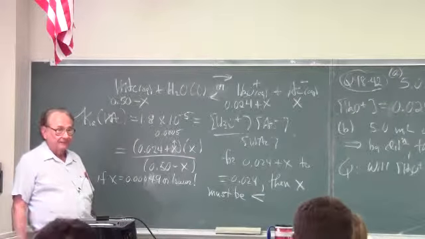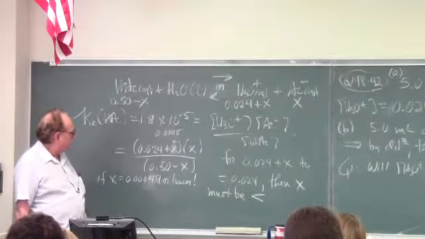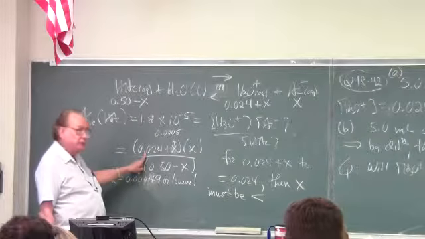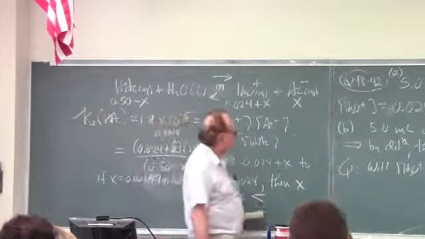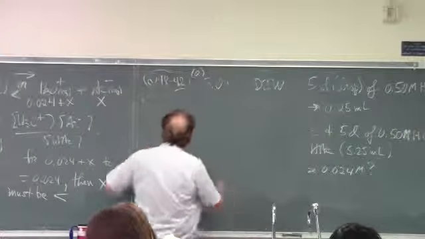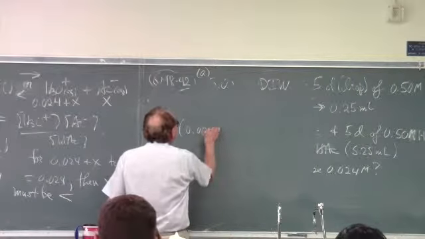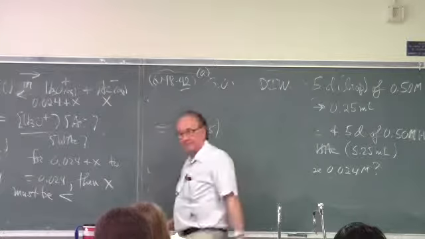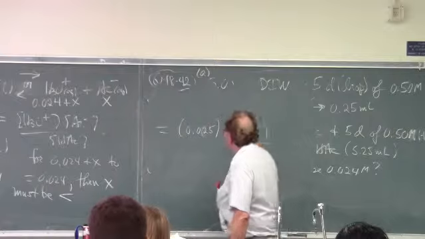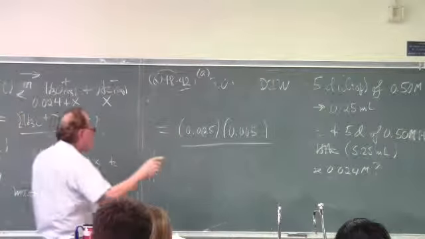Well, let's put in 0.0005. All right? And imagine this becomes 0.025. This is 0.005. What have I got down here?